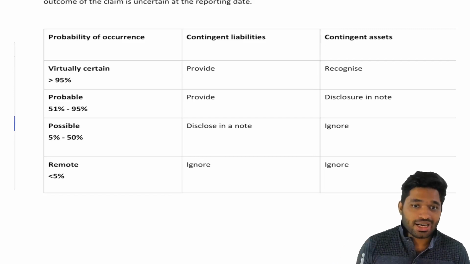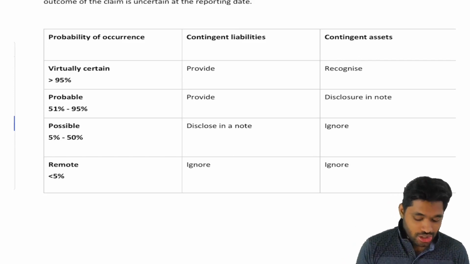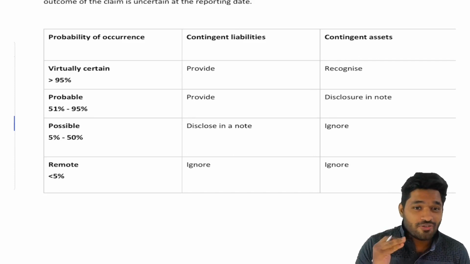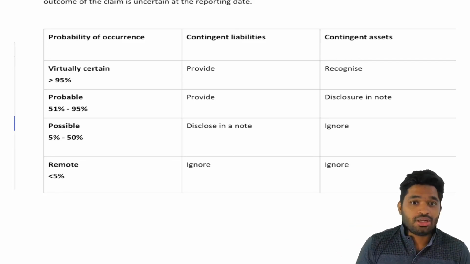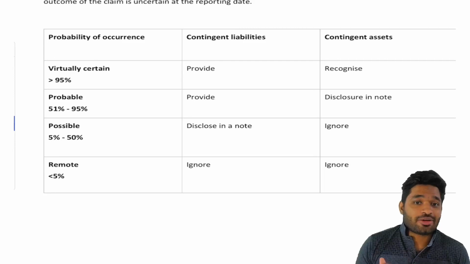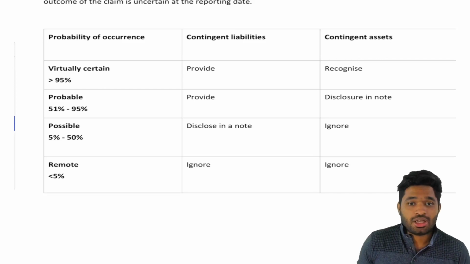Clear? But if it is possible, that means it is between 5 to 50%, then you disclose it in a note as a contingent liability, right? Therefore, you will consider it as a contingent liability and disclose it under the notes, right? If it is remote, that means the chances of you having to pay is less than 5%, it is between 0 to 5%, you can completely ignore it, right?